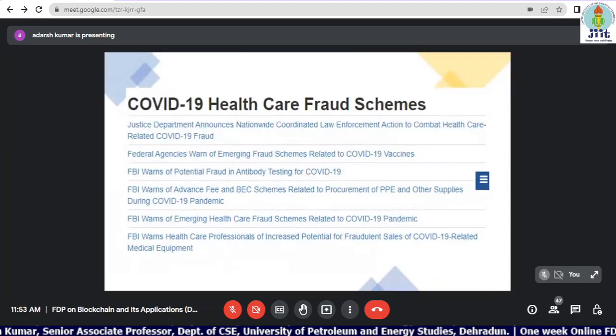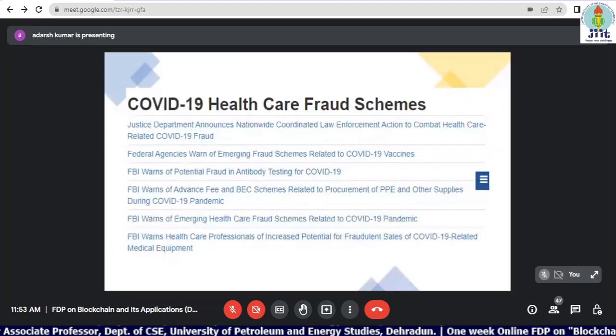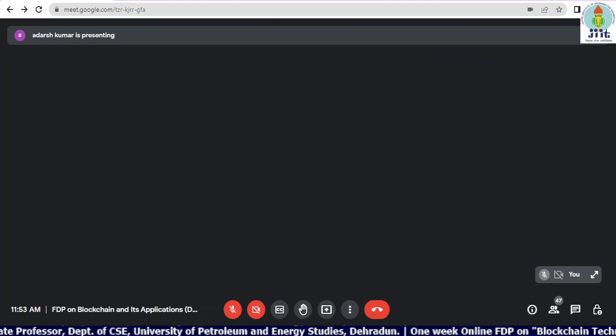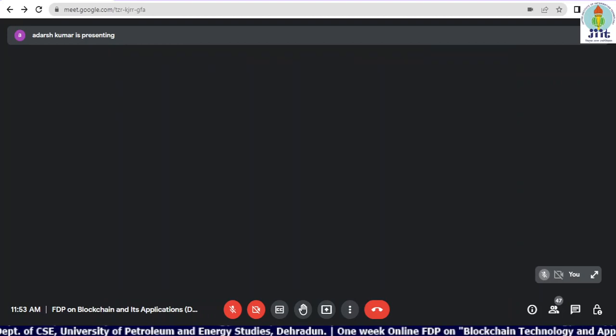If you might have observed, when you got your first dose and you were going for the second dose, your first dose entry was not made in the system, and the staff or the nurse was saying that you have not taken the first dose, so you will be considering this as your first dose. Then after giving a proof, or 2-3 people giving a statement for you, they were making backdated entries also.